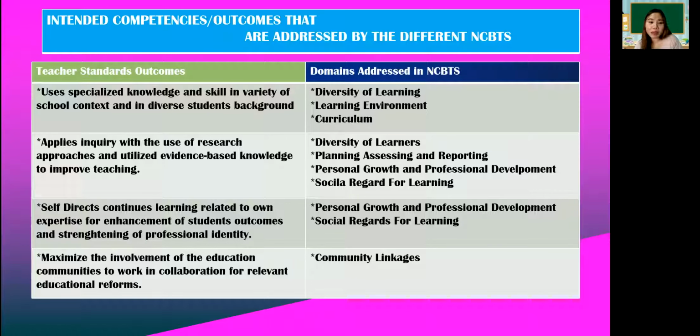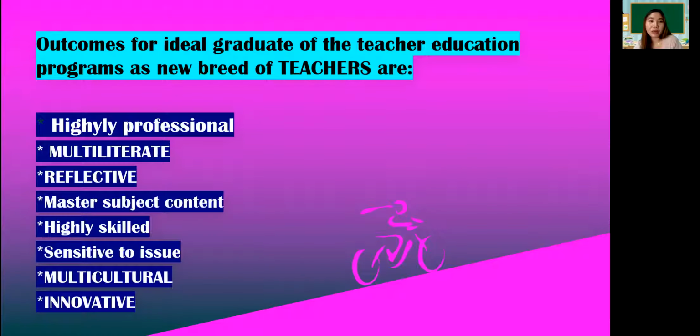Maximizes the involvement of the education communities to work in collaboration for relevant education reforms. Community linkages. So outcomes for the ideal graduate of the teacher education programs, as a new breed of teachers, are highly professional, multi-literate, reflective, master of subject content, highly skilled, sensitive to issues, multicultural, and innovative.